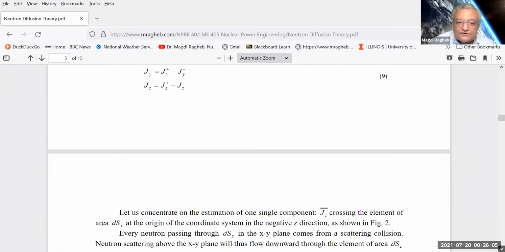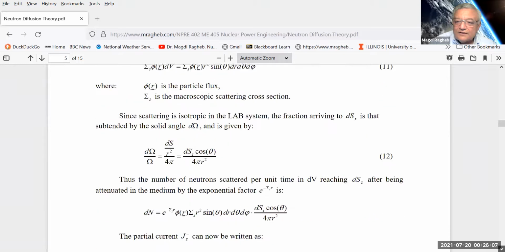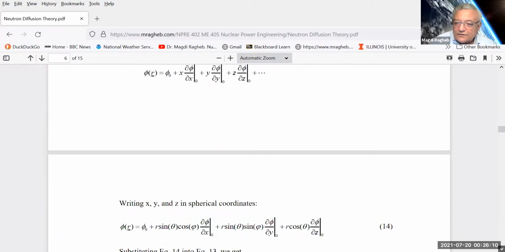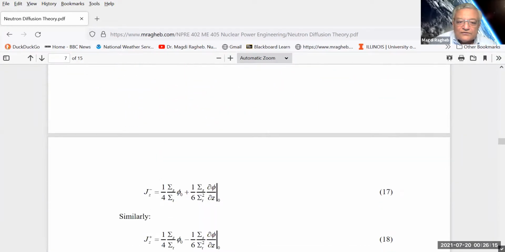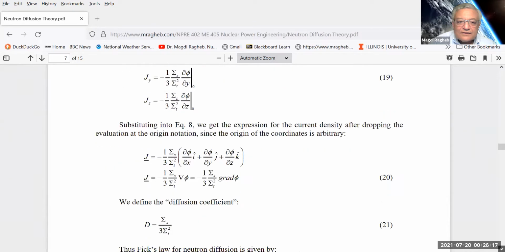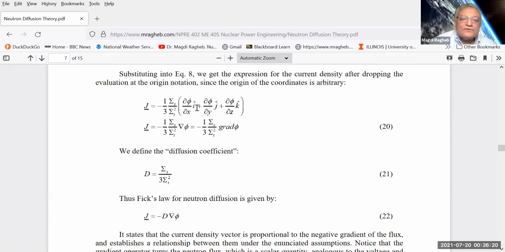And if we take a very simple description, we can say that a current forms in a nuclear reactor, without going through that whole theory here, and that a current is formed that is basically proportional to the negative of the gradient of the neutrons in the nuclear reactor. So that would be a diffusion coefficient, like in Fick's law, and the gradient is a gradient operator that you have learned about in your calculus classes.